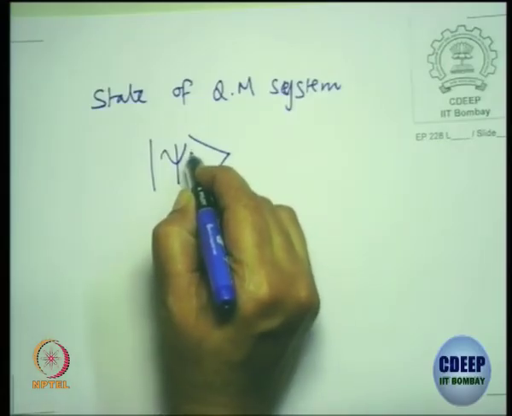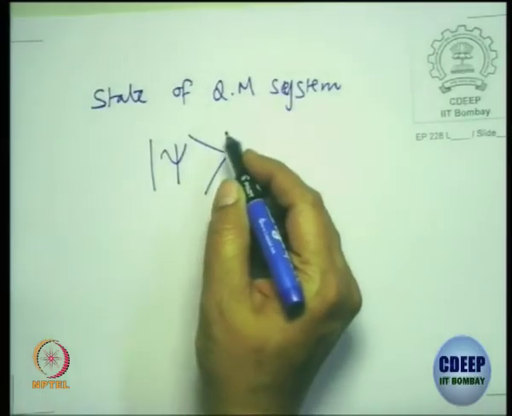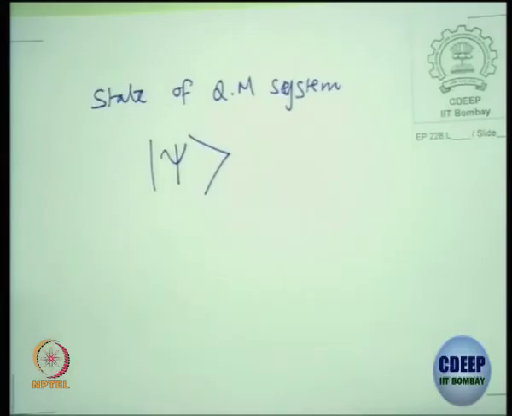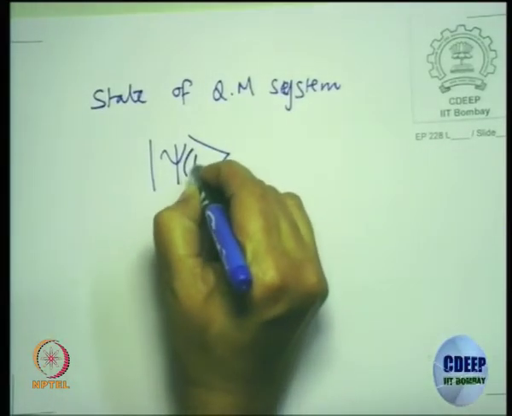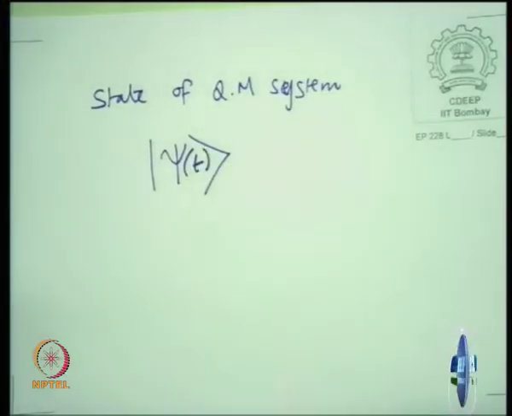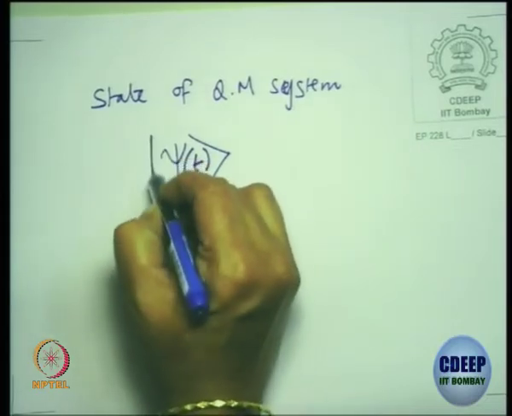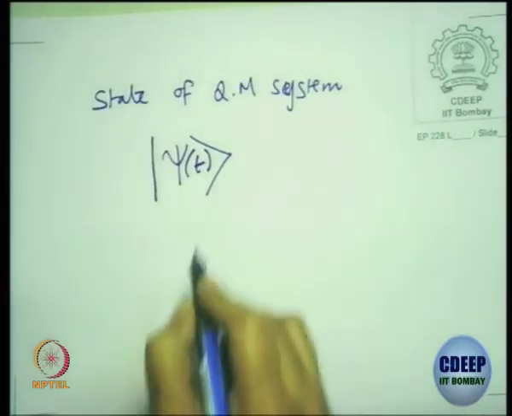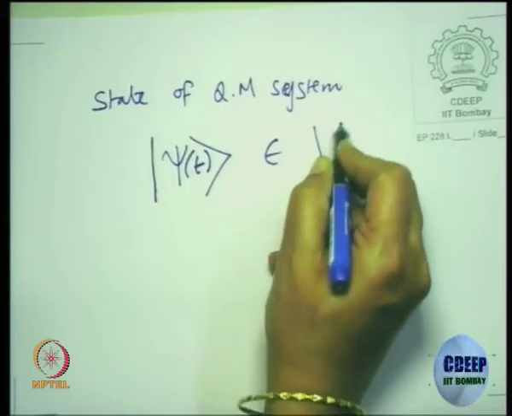And in principle, the state of the system contains all the information about the system, and it can be evolving as a function of time. Okay. The state is denoted, this psi is an element of some vector space V.